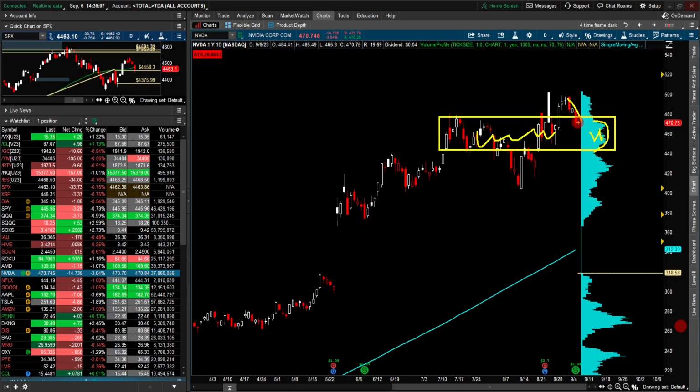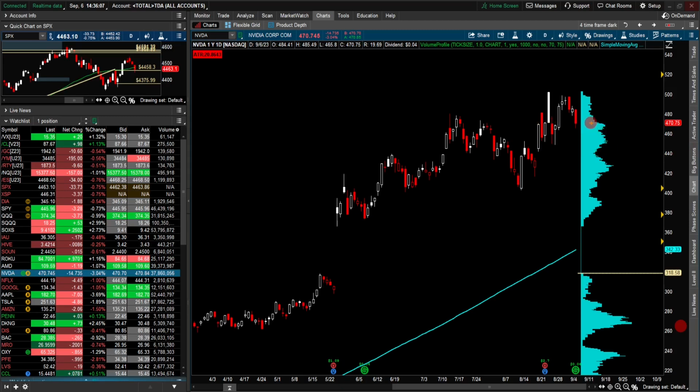So what I'm looking for in the near term is for the price to possibly come down and basically to retrace or trade to this area once again to reaffirm whether there is still price acceptance in this price range between 470 and 440.